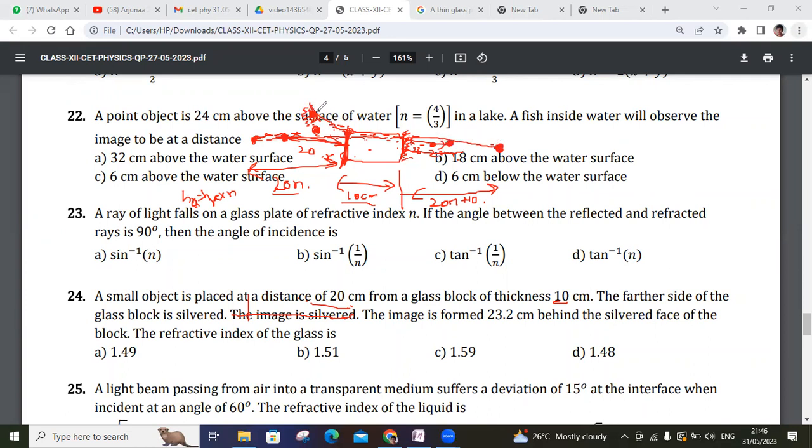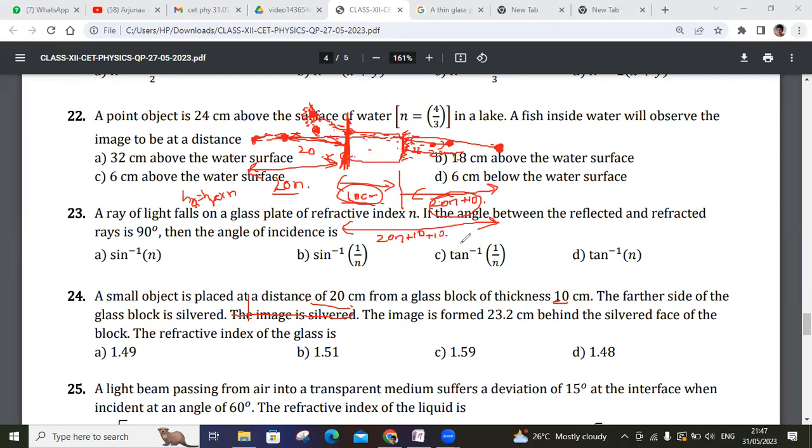So for us, the final image will be at... for this refracting surface, what is the distance? 20n plus 10 plus 10, correct? This plus 10, which is 20 plus 10, right?